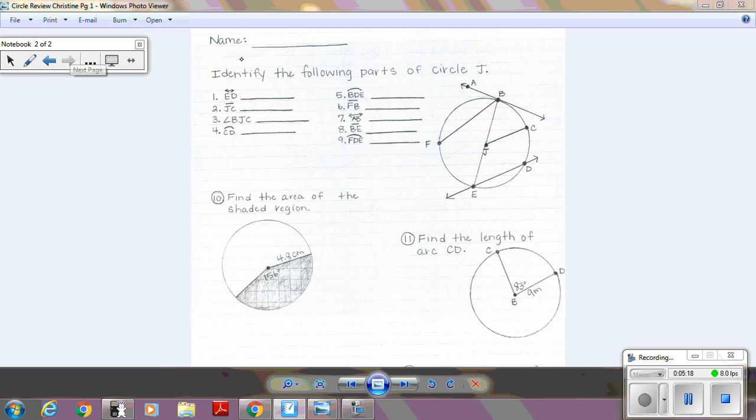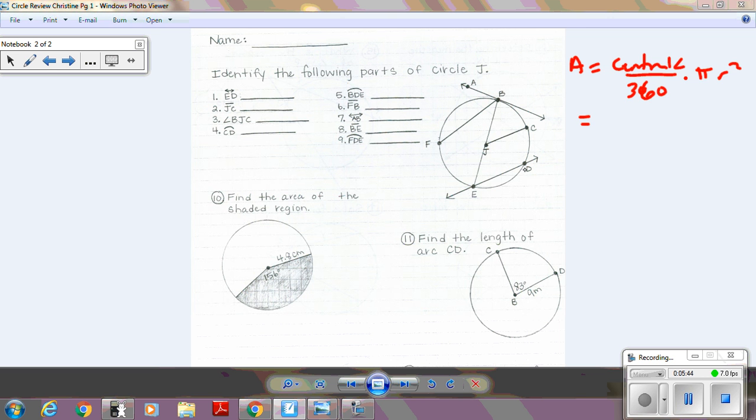Number 10 would like for us to find the area of the shaded region. To find the area of a sector, the formula is central angle divided by 360 times pi radius squared.